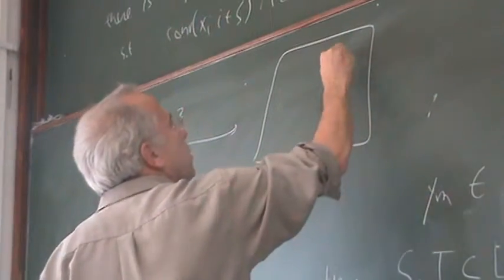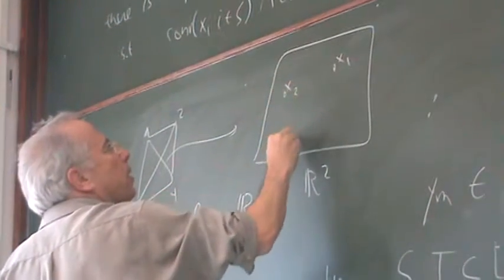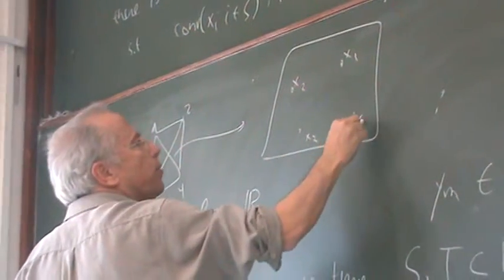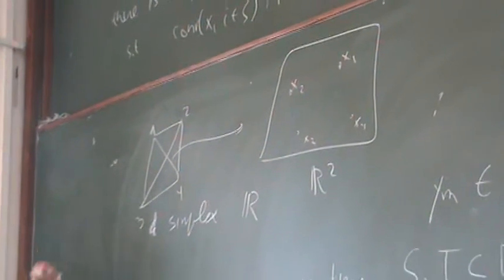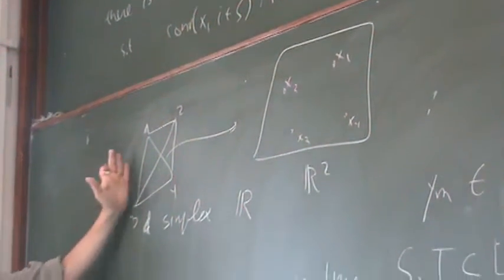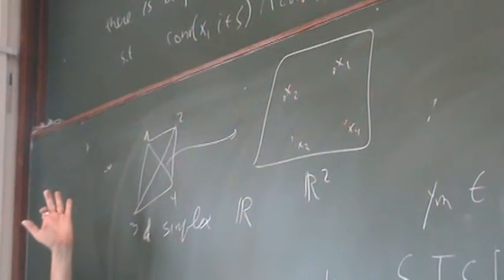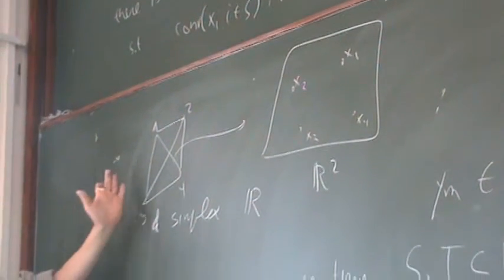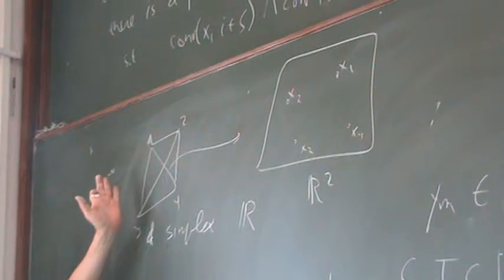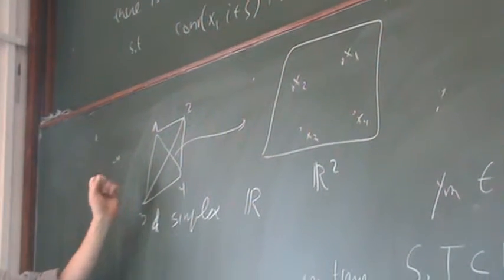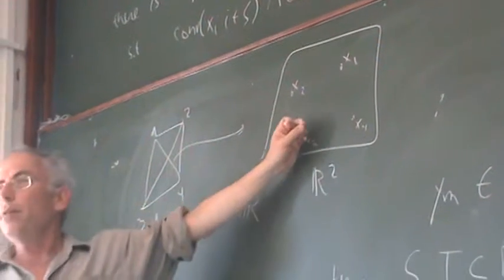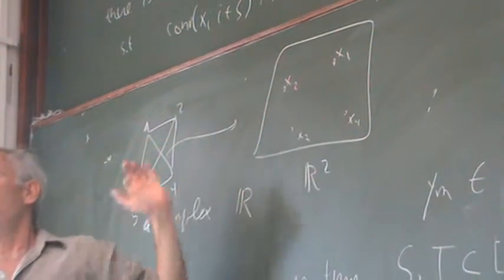X1, X2, X3, X4. Now, our more general theorem tells us that we can find two parallel hyperplanes, and points in the intersection of these two parallel hyperplanes with the boundary, so that the images of these points go to the same point.